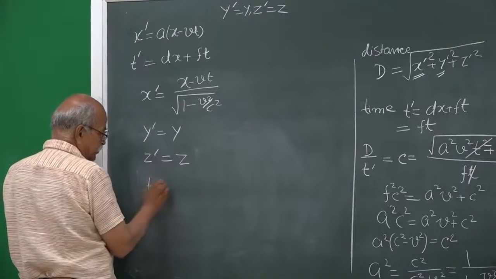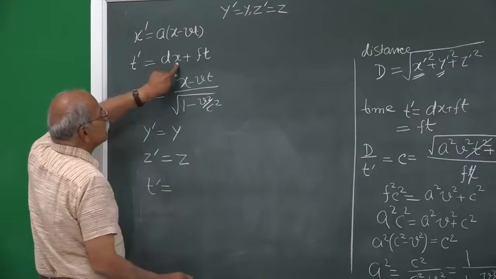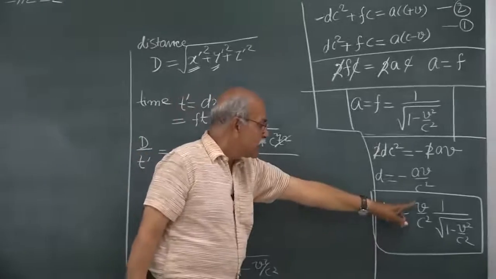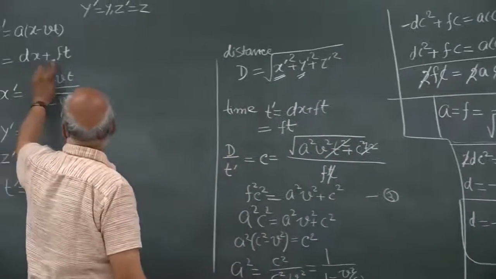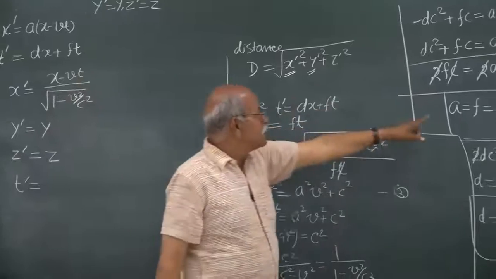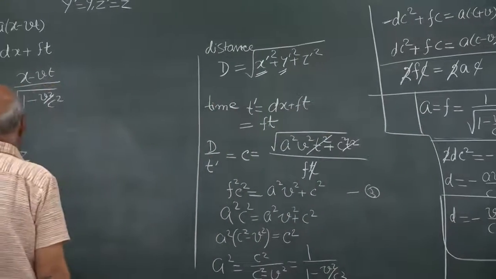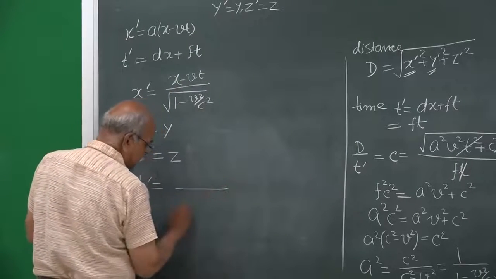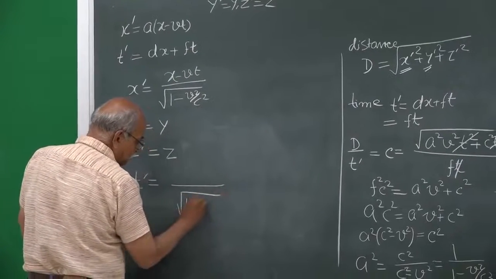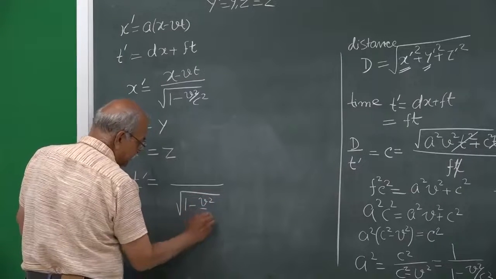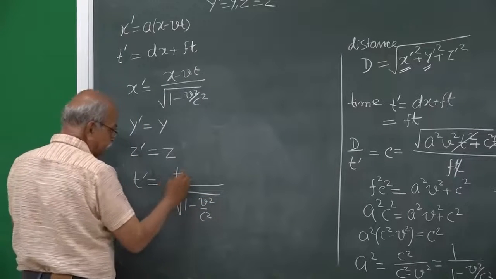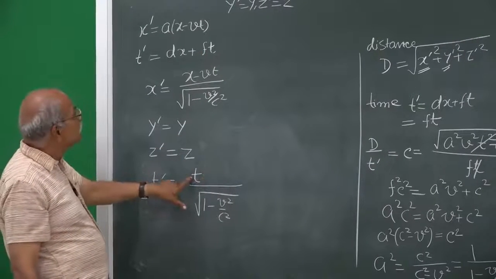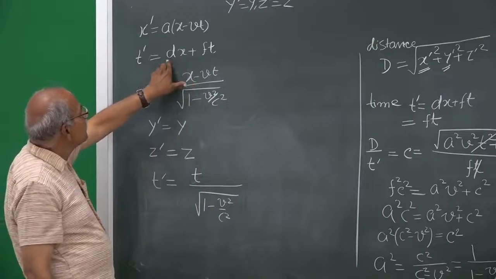And t prime is d into x, and what is d? Here is d, d into x, plus f into t, and f and a are same. So, f into t: f is 1 by square root of 1 minus V square by C square, into t. Then plus d into x.